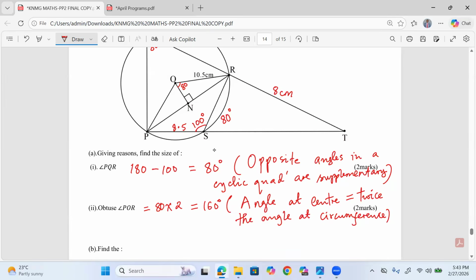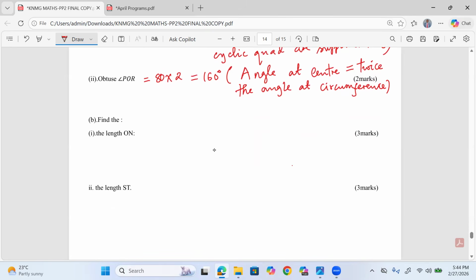Because we are interested in this length ON, and we have the adjacent angle, we talk about cosine of 80. Cosine of 80 is equal to the adjacent length, which we don't know, over the hypotenuse, which is known. So to remain with x, we need to multiply through by 10.5.